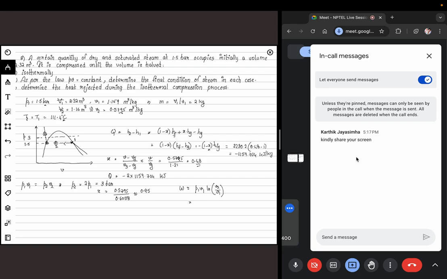V2 by V1. We know the initial pressure. We know the initial specific volume, and we know that the volume is half.